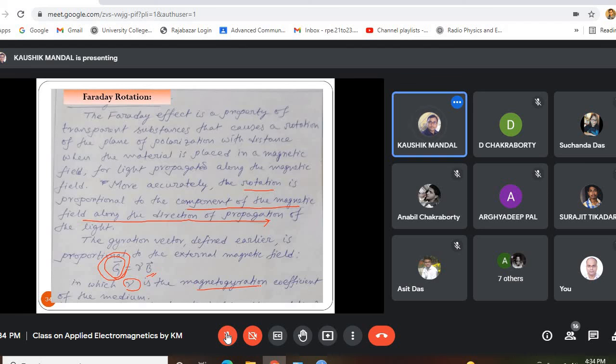In that case also the plane of polarization will rotate, but it will be directly proportional to the component of the magnetic field along the direction of propagation, not the other components. So to represent the rotation, we use the gyration vector, which is proportional to the applied static magnetic field B.